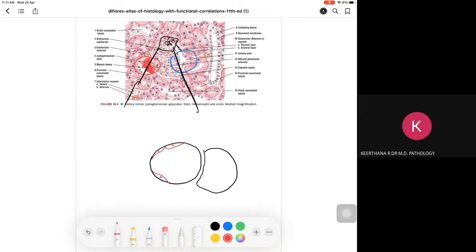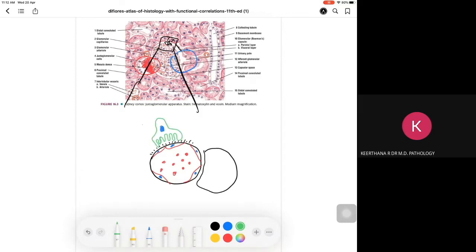What cells am I drawing? These are endothelial cells. These are the nuclei of the endothelial cells. This is the basement membrane. And the foot processes, the cells with podocytes, they will come above. So these are the podocytes. These are all the foot processes, and the cell will be like this.